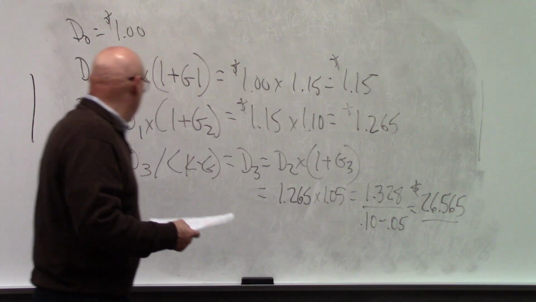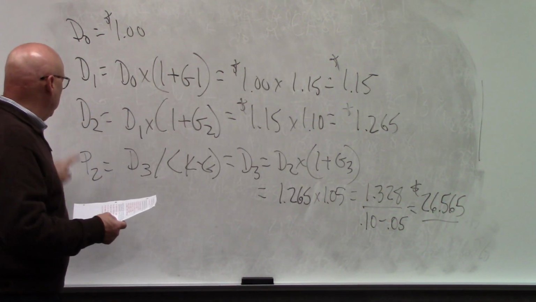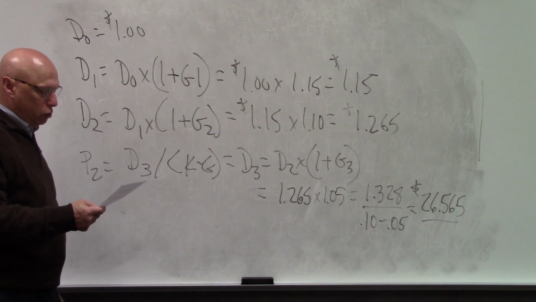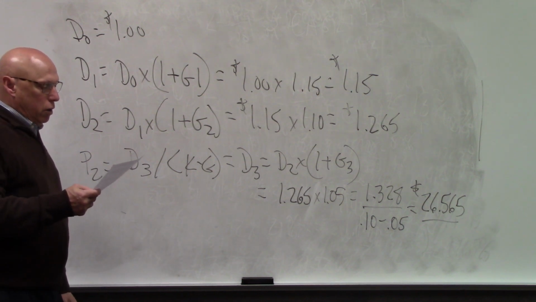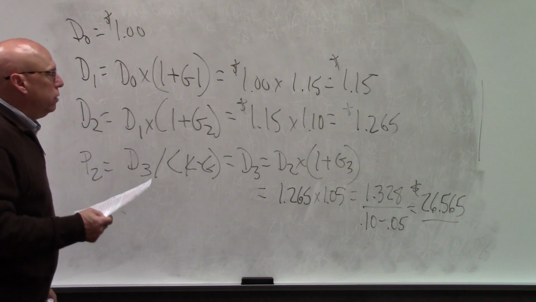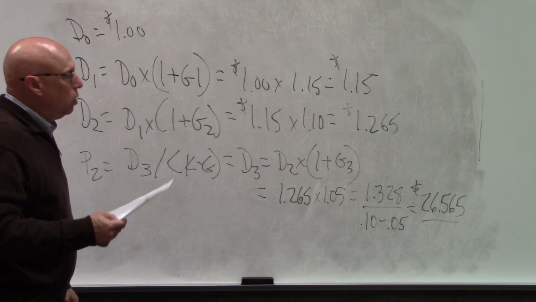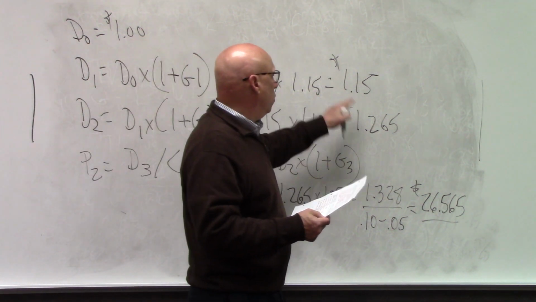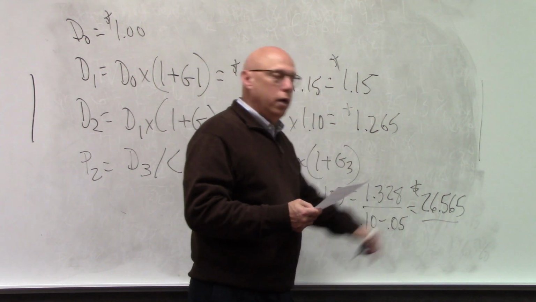Okay, so we have D1, D2, and P2. These are the 3 cash flows that you're going to get. Now, what is a fair price for the stock today? We have to find the present value of D1, D2, and P2.